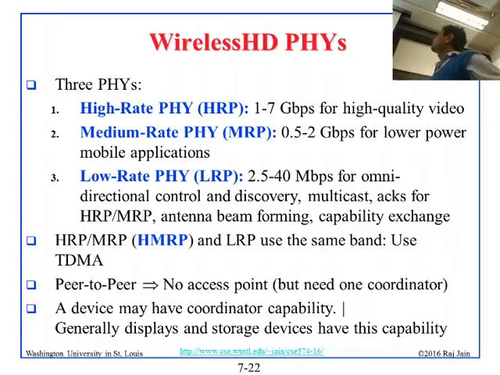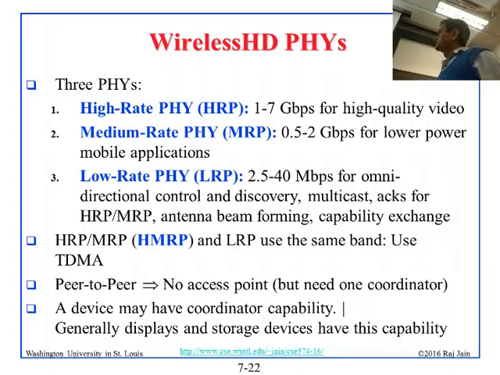High rate will do up to 7 gigabits, medium up to 2 gigabits, and small up to 40 megabits. And so these names you should remember: HRP, MRP, and LRP. High rate PHY, medium rate PHY, low rate PHY. And these two, HRP and MRP, are denoted by HMRP, high and medium rate PHYs.